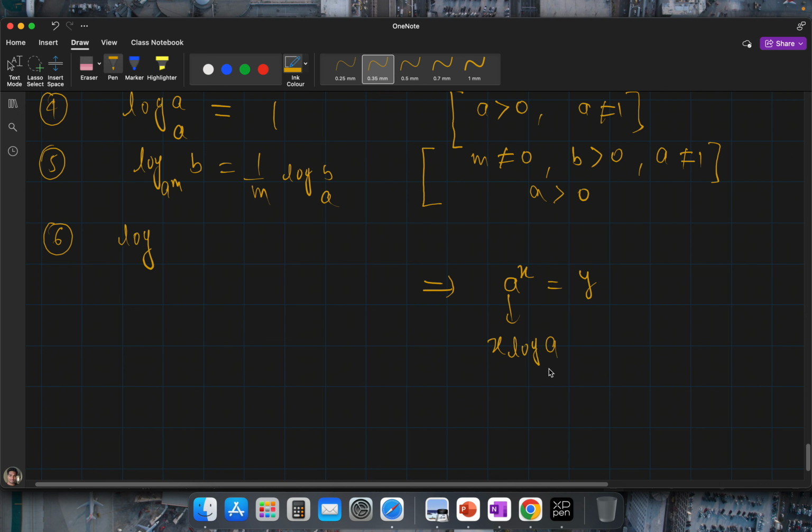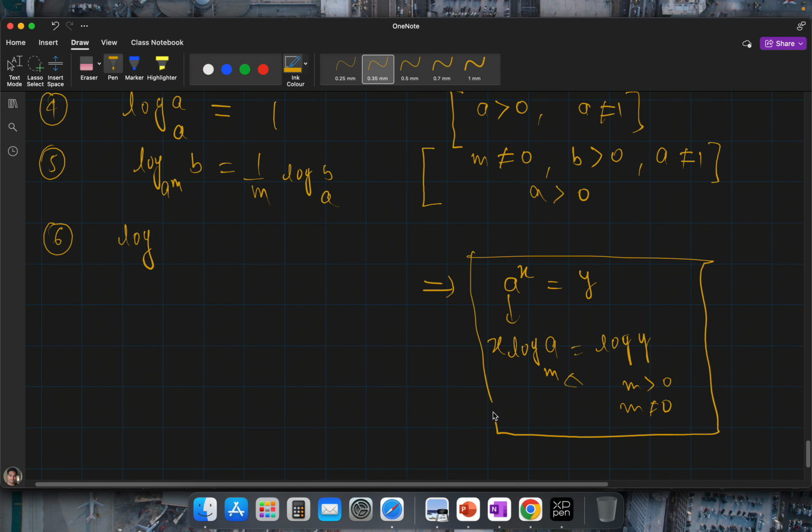Okay, and whatever the base it can be, it will always be equal to log of y. So here m can be any number greater than 0, m cannot be equal to 0. So by using this definition, the base is defined. It's an axiom, I mean, there is no such definition. The thing is, on the basis of the base, actually log increasing.